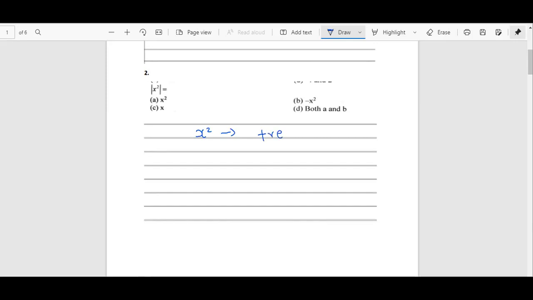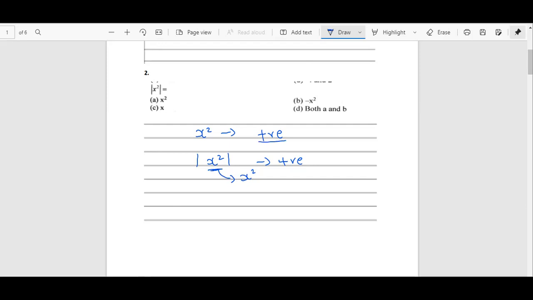And the second thing is, even if it's negative, the fact that we have mod around it would give a positive answer. So clearly, the mod of x square is going to be x squared, with positive sign. Since this was already positive, we did not change much.